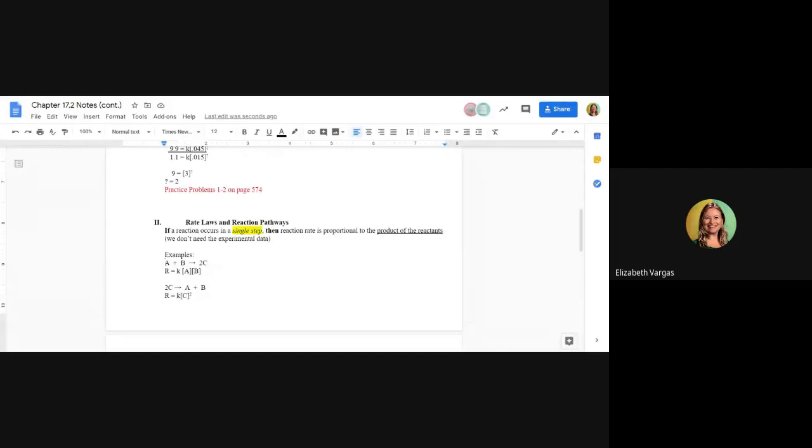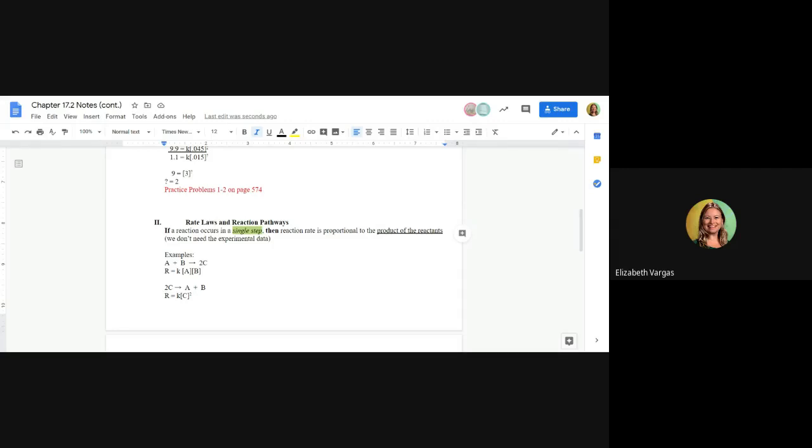So you're looking for this red flag where it says single step, then it's just proportional to the product of the reactants. So you don't need the data. You don't have to do the little ratio that I did up here. There's 1A, so the exponent's 1. There's 1B, so the exponent's 1. The overall order of this reaction would be 2. You add those 2 together.